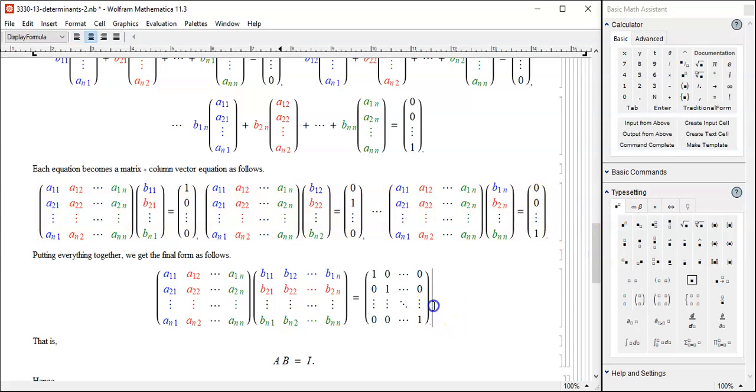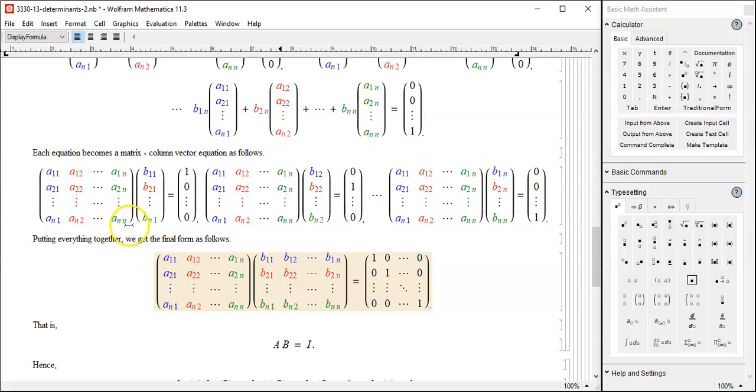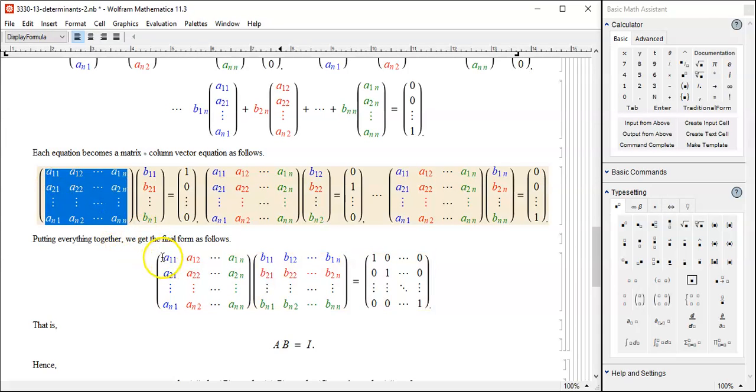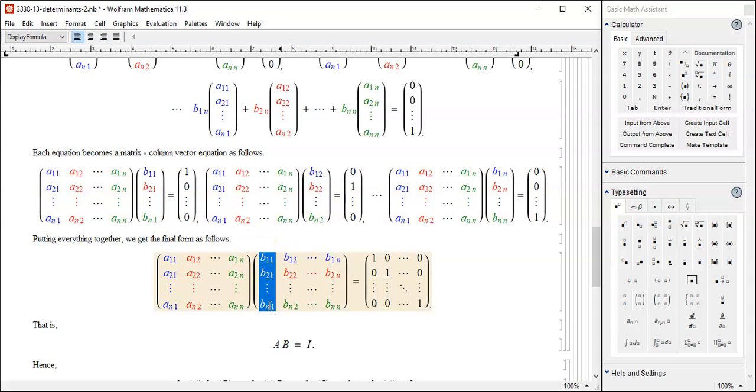And putting all those together, we get this matrix equation. A part is common, exactly the same, so no problem there. And then A times this column vector B1 is equal to the column vector E1. And A times column vector B2 is equal to column vector E2, and so on and so forth.